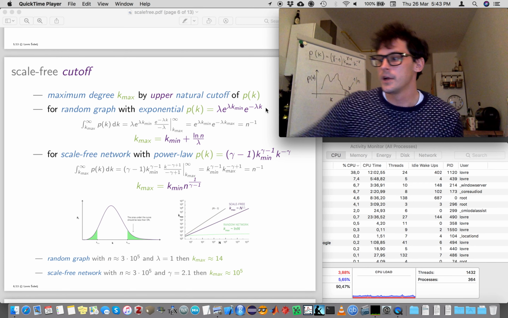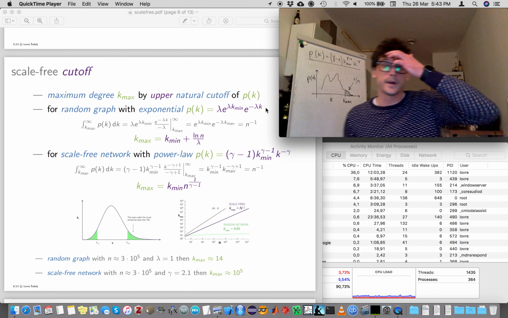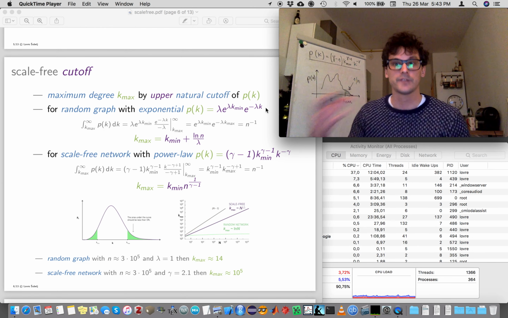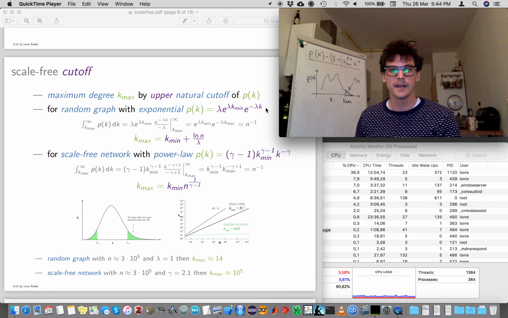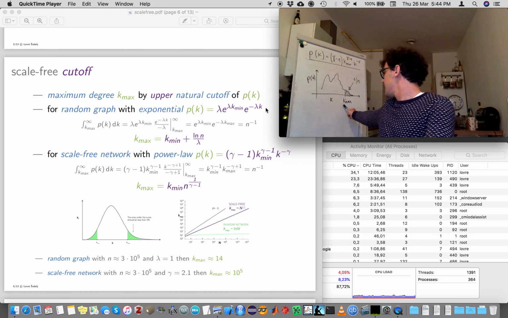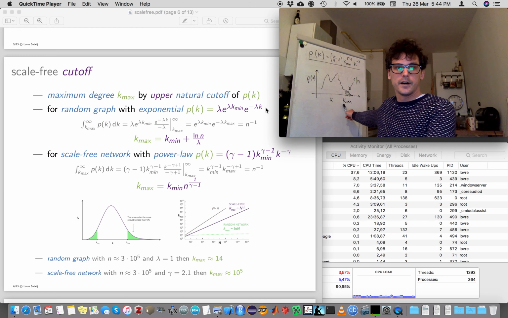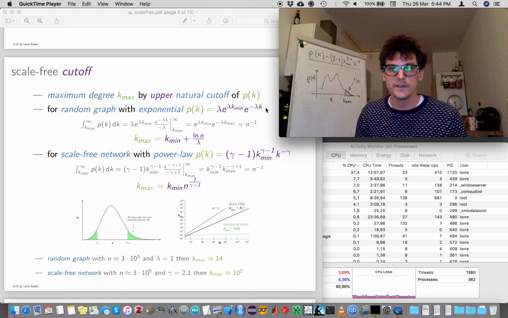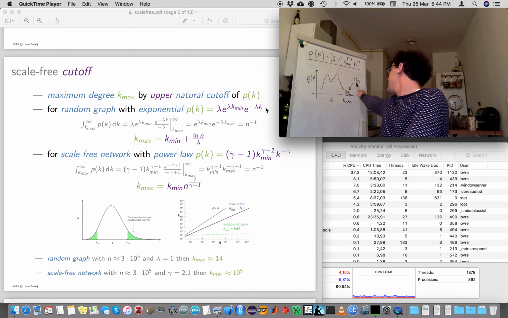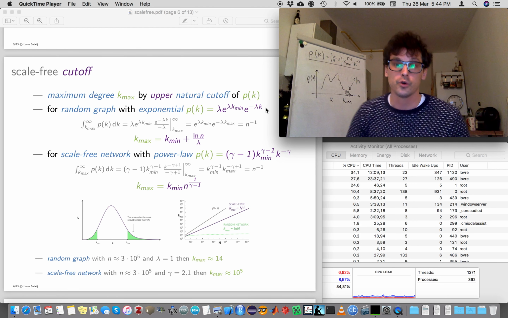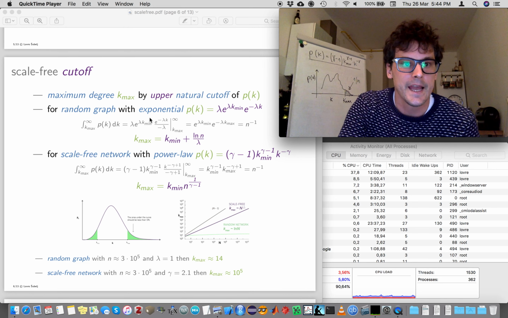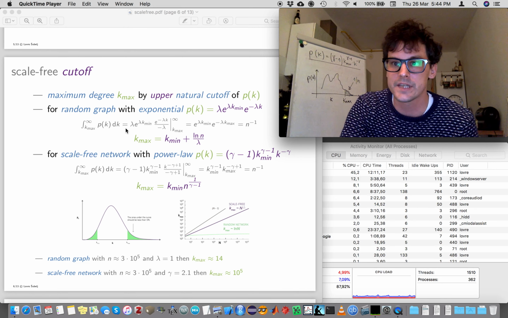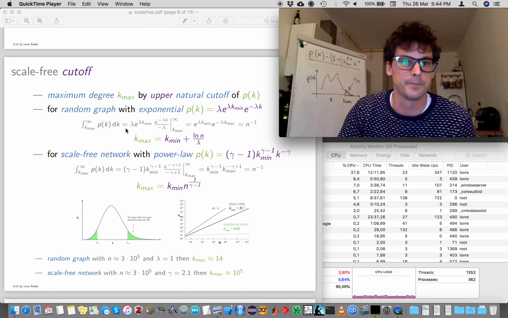So in order to compute the upper natural cutoff, the size of the largest k that we can expect, we will compute the integral of this exponential distribution from k max to infinity, and we will demand that this integral equals 1 over n. And this is done here on the slide, and I will not copy this on the blackboard.